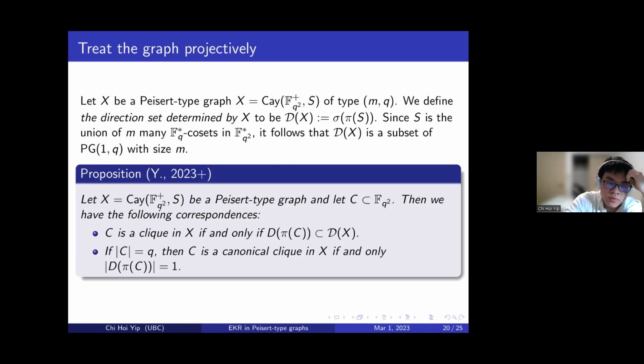And also, if C is a canonical clique, then the direction set determined by the embedding is just one.